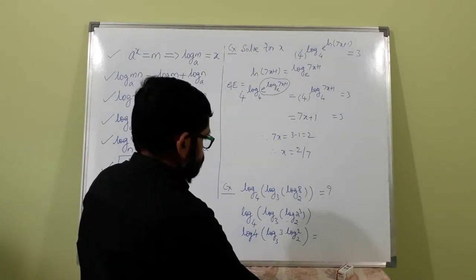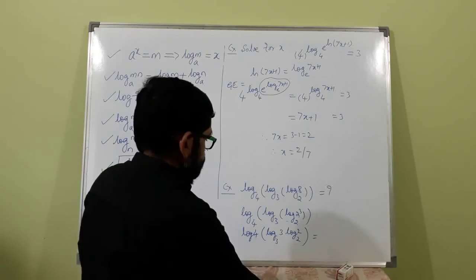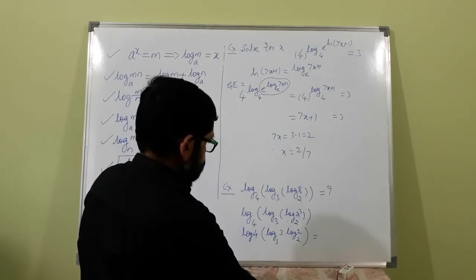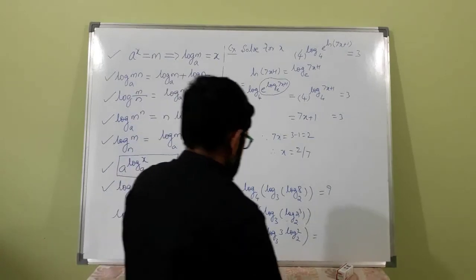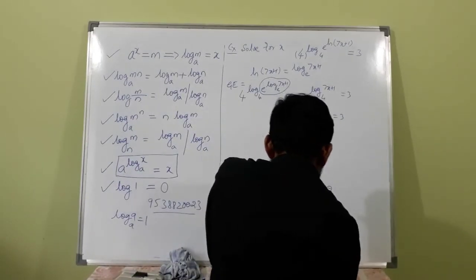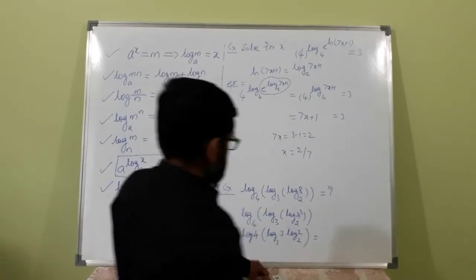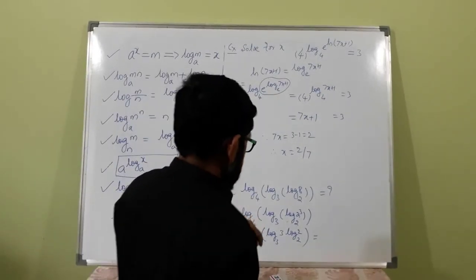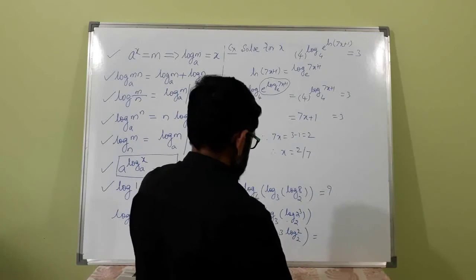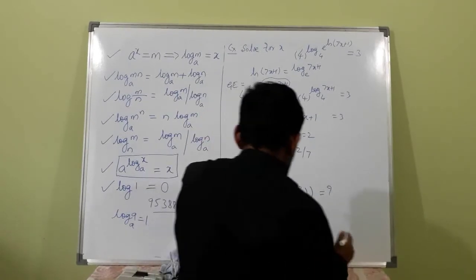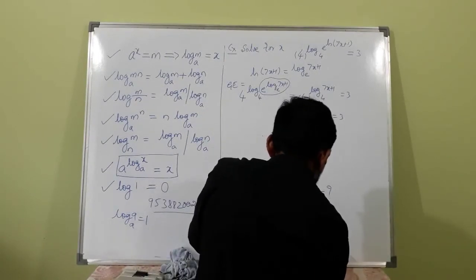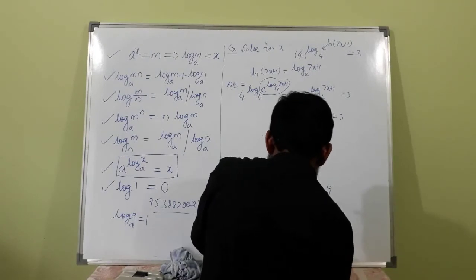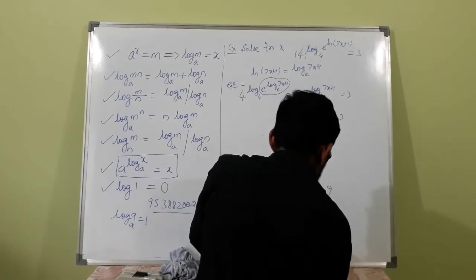This implies, what is log 2 to the base 2? It is 1. See, log of 3 into log 4, log to the base 4 it is, not 4.